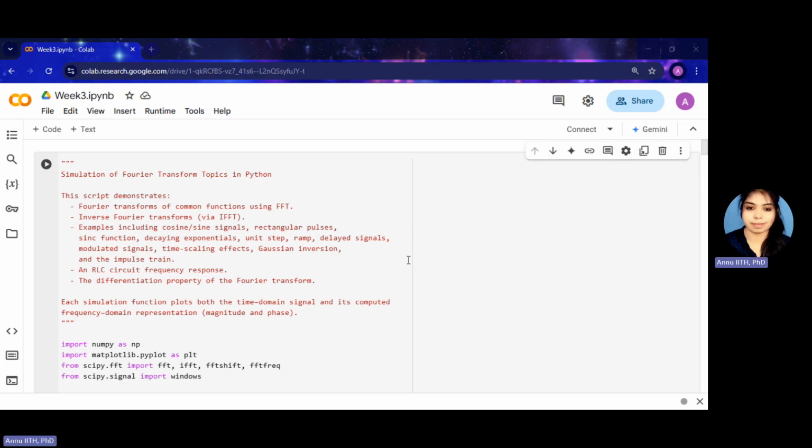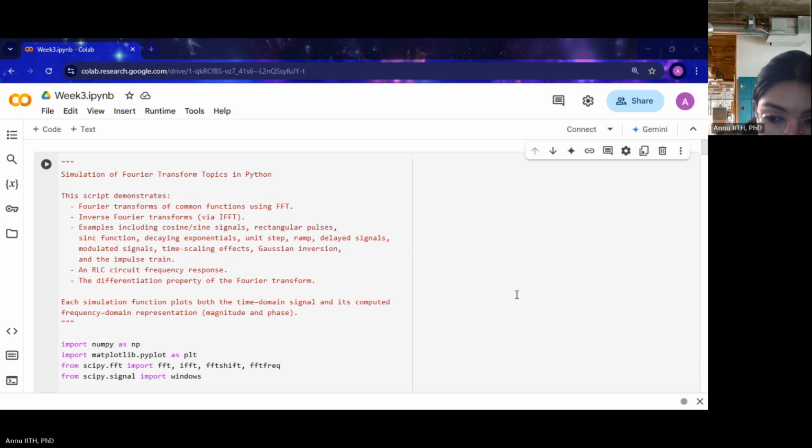For example, here we have a simulation of Fourier transform topics in Python. This script demonstrates the Fourier transform of common functions using FFT and inverse Fourier transform, with examples including cosine, sine, rectangular pulses, and sinc functions. Let us see this.